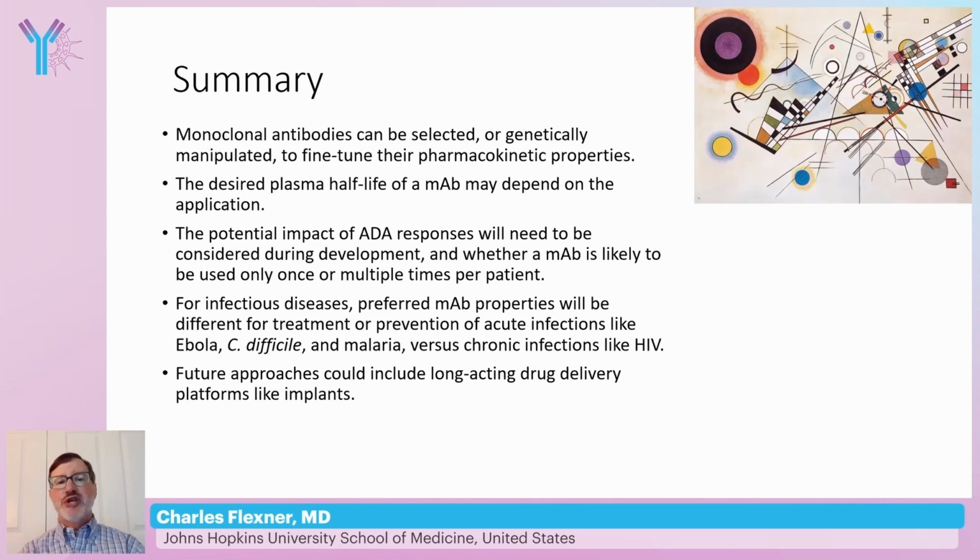For infectious diseases, preferred monoclonal antibody properties will be different for treatment or prevention applications, and whether the antibody is being used for an acute infection like Ebola, Clostridium difficile, or malaria, versus a chronic infection like HIV, which we'll be hearing about a little later. Future approaches could include long-acting drug delivery platforms like implants.